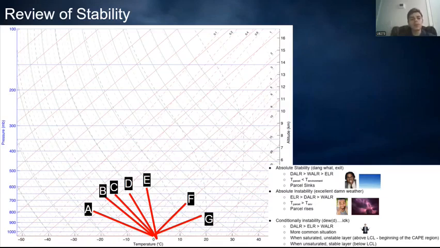So we're going to go through these A through G. In order to determine whether it's going to be absolute stability, absolute instability, or conditional instability, we need to compare these red lines to these solid lines and dashed lines that are going from the top left to the bottom right. The solid lines are our dry adiabatic lapse rate, and the dashed lines are the wet adiabatic lapse rate.